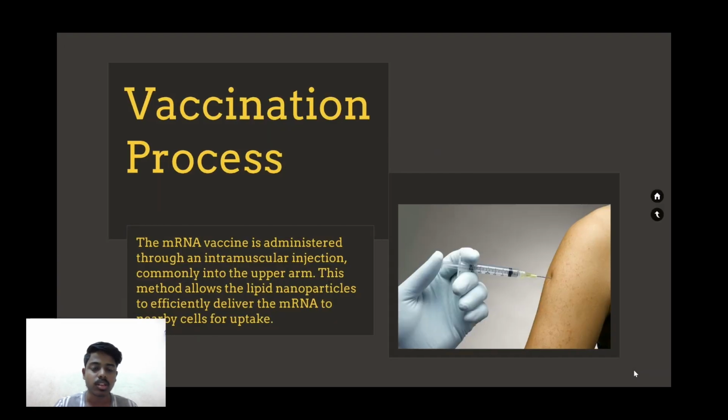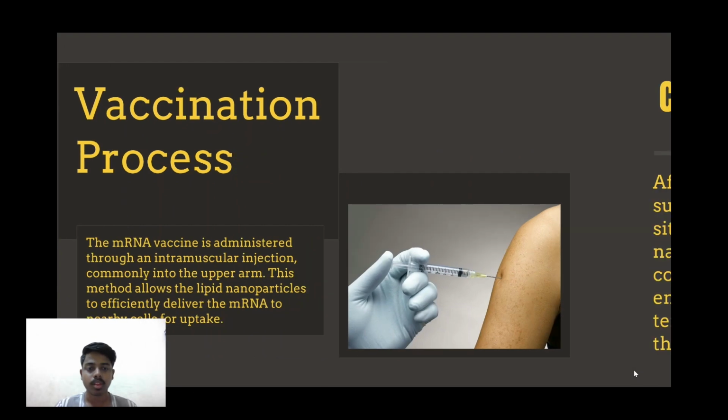Vaccination process. It is the same as the DNA vaccines. The mRNA vaccine is administered through an intramuscular injection, commonly into the upper arm. This method allows the lipid nanoparticles to efficiently deliver the mRNA to nearby cells for uptake.